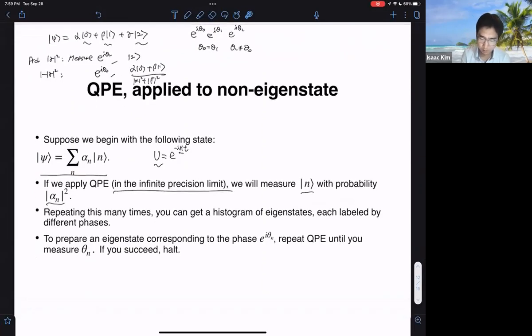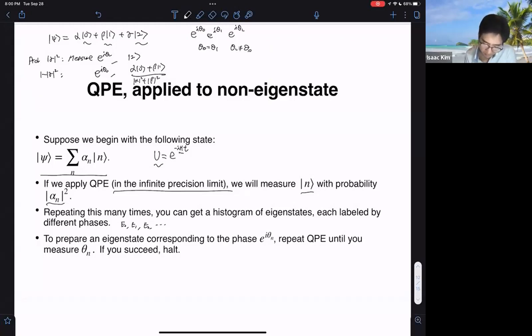So you get some histogram of eigenstates, maybe you measured E0, E1, E2, etc. If initially you have a non-zero overlap with the ground state, then with enough samples, eventually you will hit the ground state. And the lowest energy that you measure will be a good guess for your ground state energy.